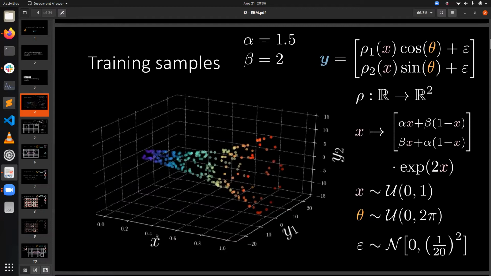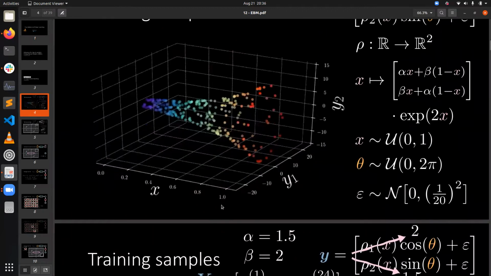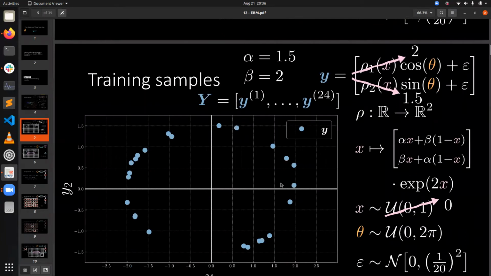If you look at this diagram, you have an x and the output is a 2D y vector. So you have something that looks like a horn, and for each x you have y1 and y2. And if you look at a cross section for a particular x, you have something that looks like this. And that's why he calls it multimodal output.